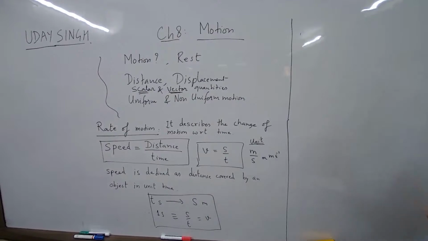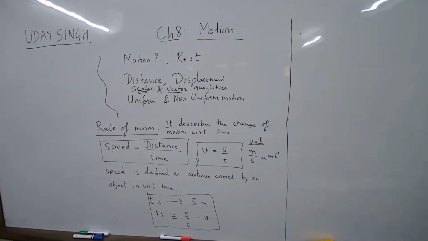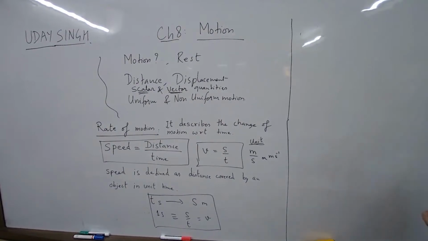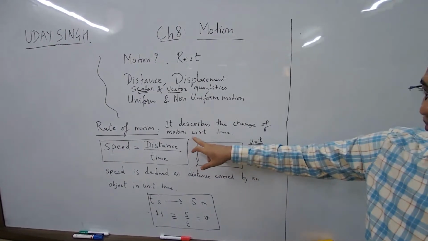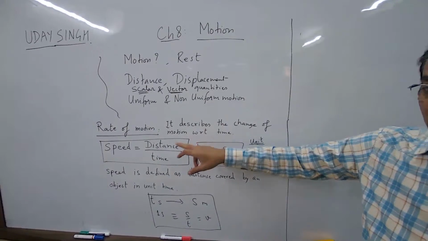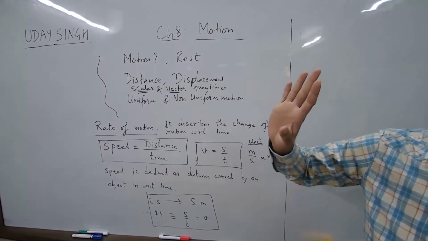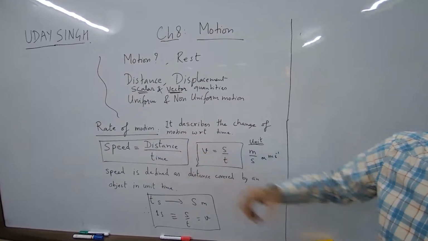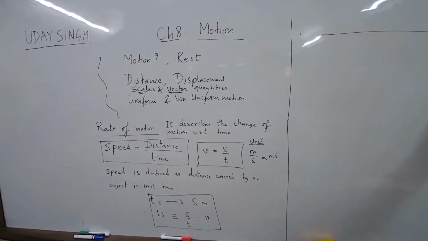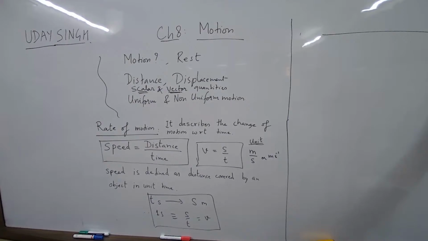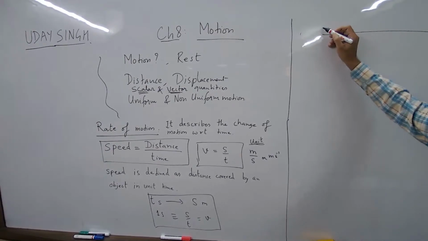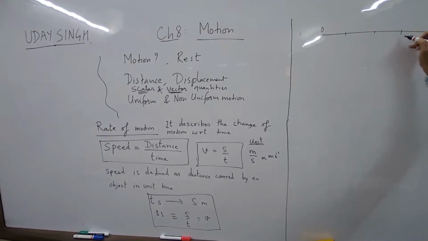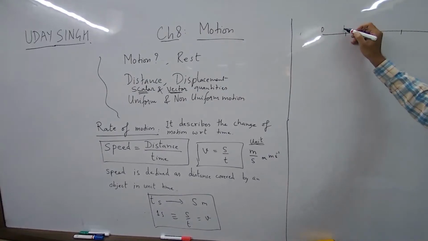So like I said, in real life, the motion is generally non-uniform. So what is a uniform motion? A body moving with a constant speed. Take any distance, like in the previous example, 50 and 1, 2, 3, 4, 5.